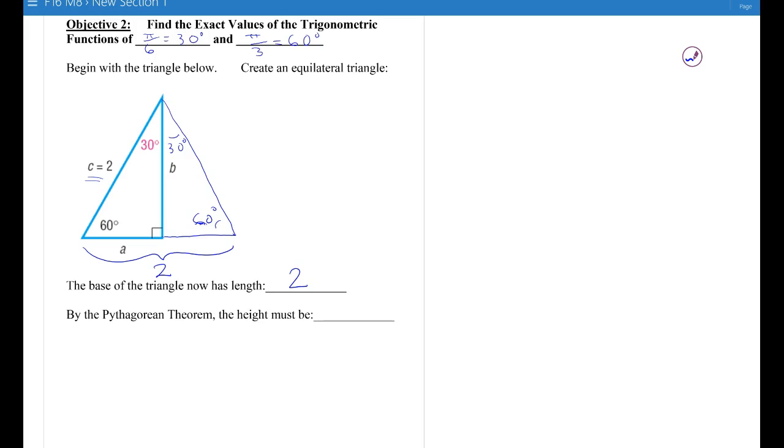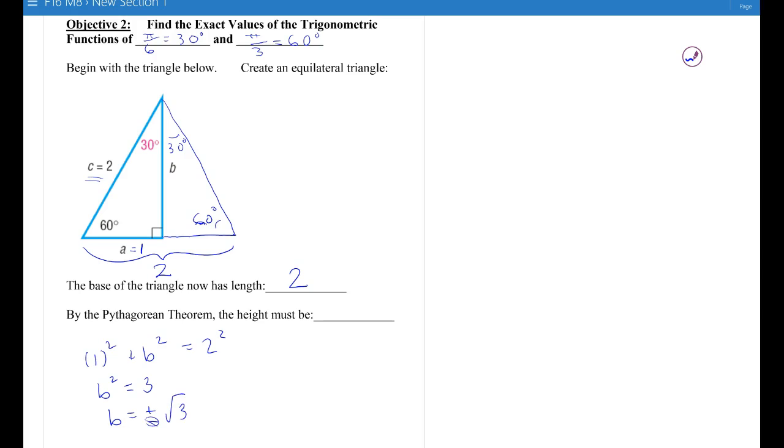So if the base of the big triangle is 2, then that must mean A equals 1. So we can figure out the height by the Pythagorean theorem. So we have 1 squared plus b squared equals 2 squared. So b squared must equal 3, and b equals plus or minus root 3.